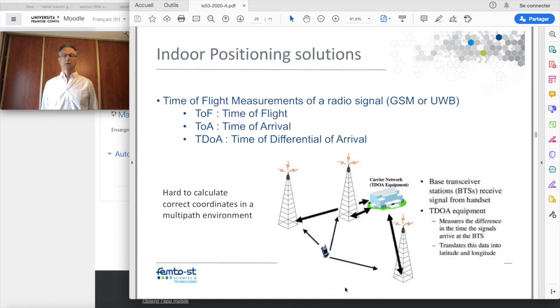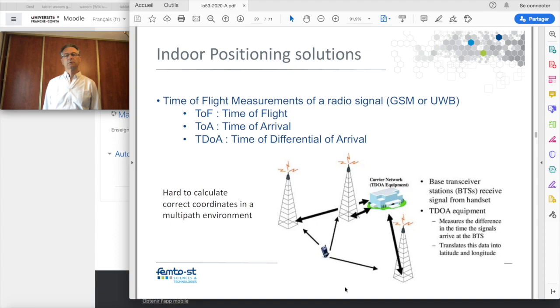So in GSM or ultra wideband networks, you have the ability to measure time of flight, and using such measurements, you can also have information about the distance between one antenna and the device. So you have time of flight, time of arrival, and the time difference of arrival.